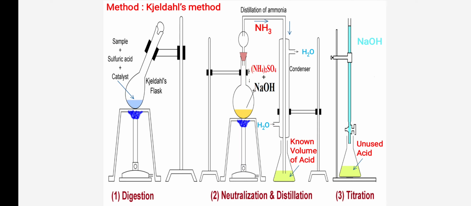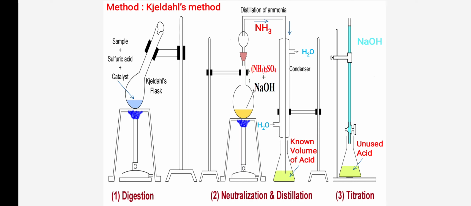After some time, you will observe that the turbid solution completely changes to a transparent solution. So formation of a clear and transparent solution indicates the reaction is completed, indicates nitrogen in the coal sample is completely converted into ammonium sulfate.